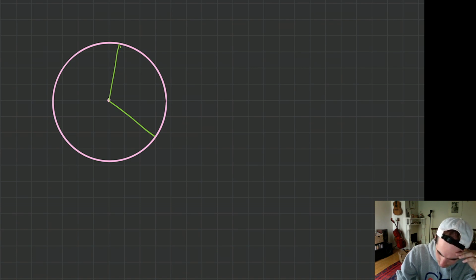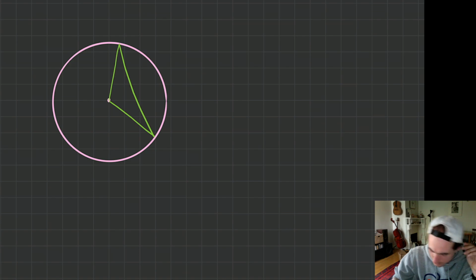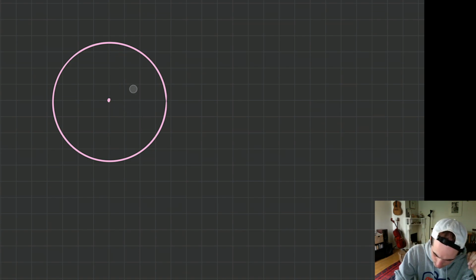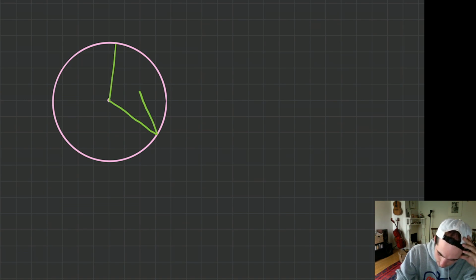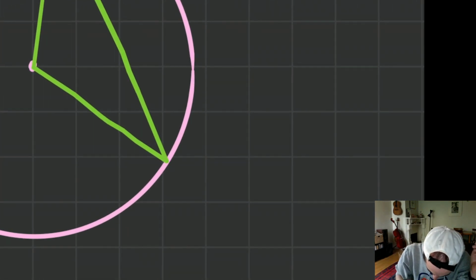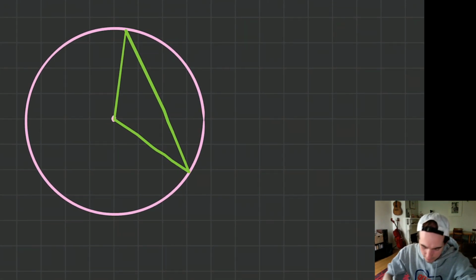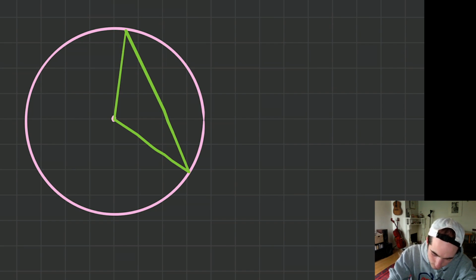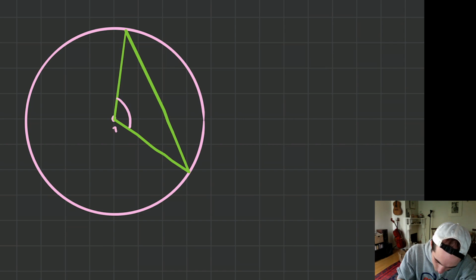That triangle looks kind of bad, so I'm going to redraw it. Still looks kind of janky, but good enough. So here's my triangle, and I've got an angle of 120 degrees.